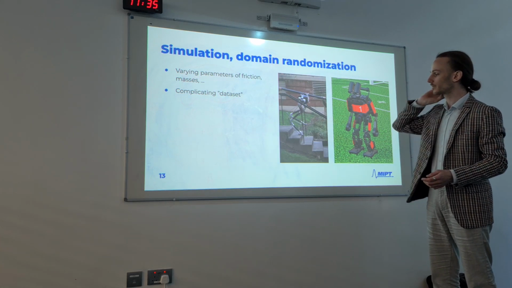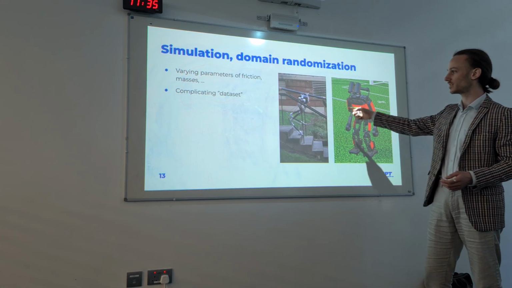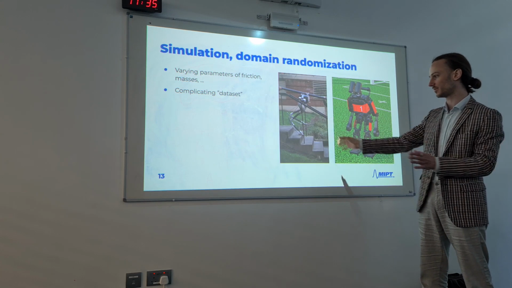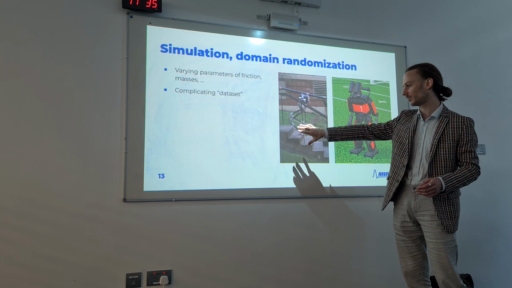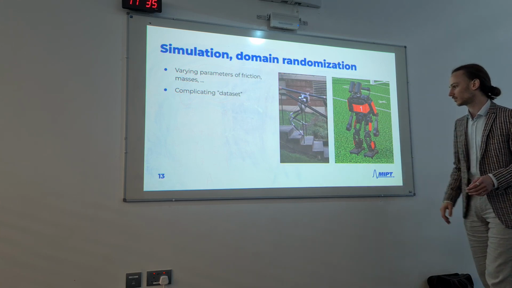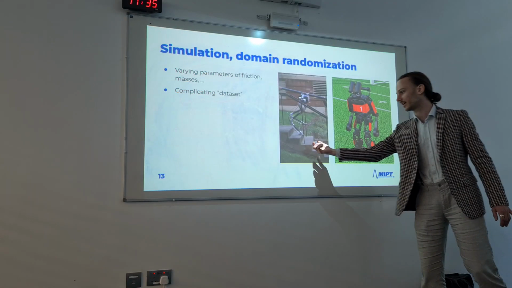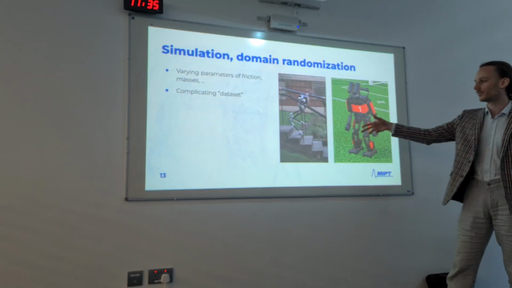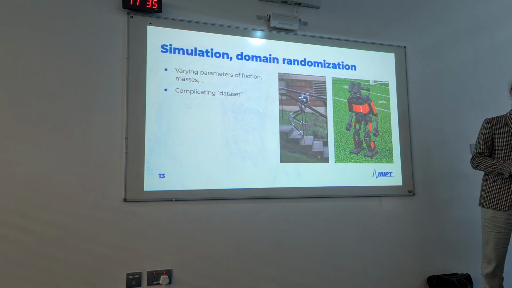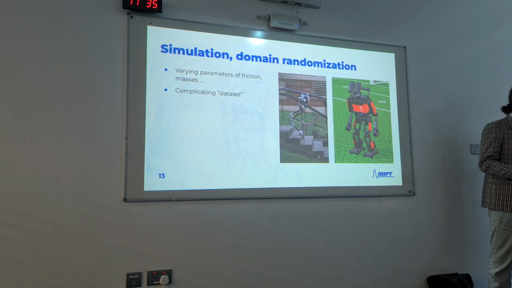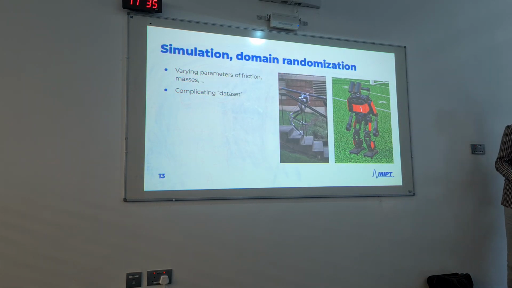They have been training this robot in the simulation, but with all the different parameters, like the height of the step of the ladder, the length of the step, frictions, masses, all of that. And it happens so that they have really learned a controller that is capable of handling all the possible situations in reasonable situations that could happen.